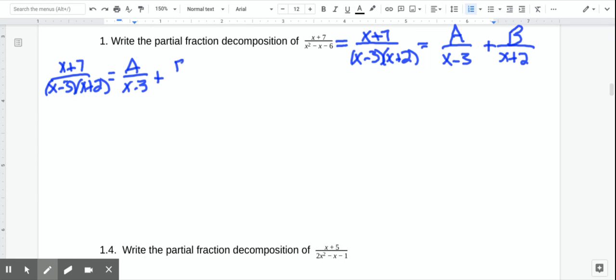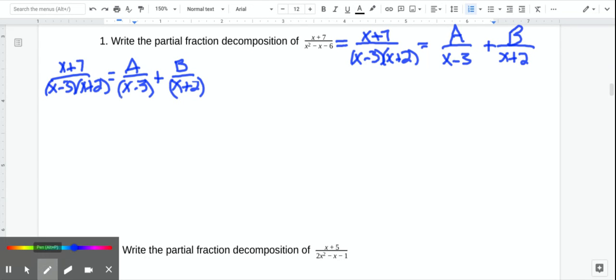So the first thing I want to do to this is get rid of the fractions, because that's a big messiness right there. So I'm just going to multiply everything by the denominator, (x - 3)(x + 2). I'm going to do that on both sides of the equation to all three pieces.